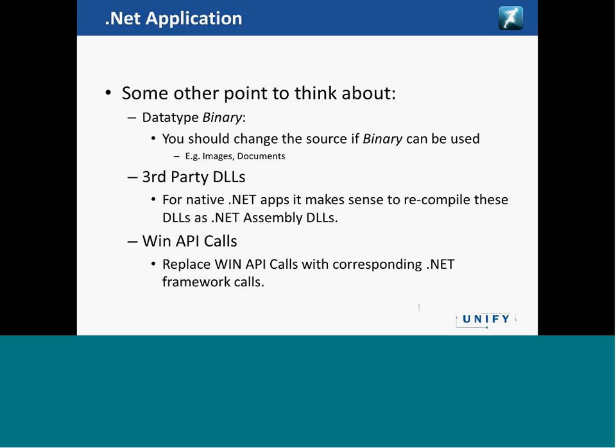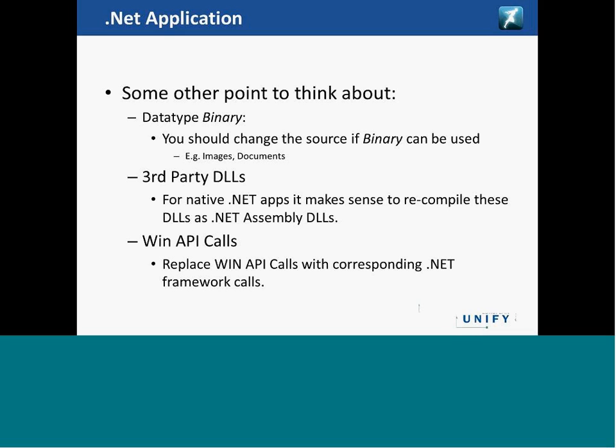API calls are very common, for example to find out the TCP/IP address or the login name and so on. It makes sense to replace these Win API calls with corresponding .NET framework calls. For this, we have the .NET Explorer, and you can directly look into the .NET framework, find the right function with the right assembly, and we create an APL, and you can include this APL inside the Team Developer source, and now you can replace the function call from Win32 with the .NET call.